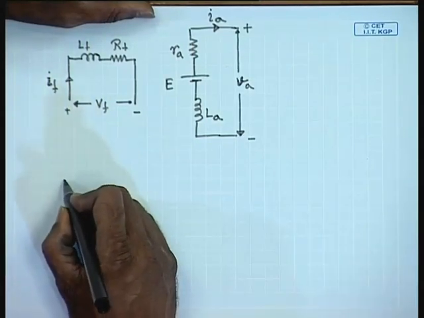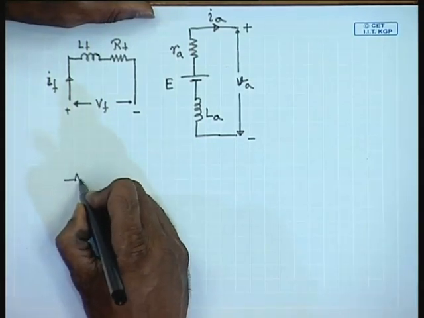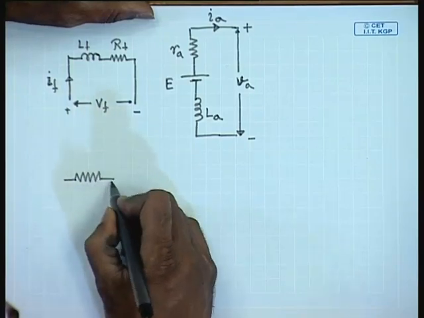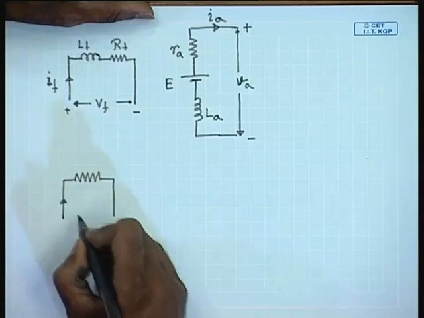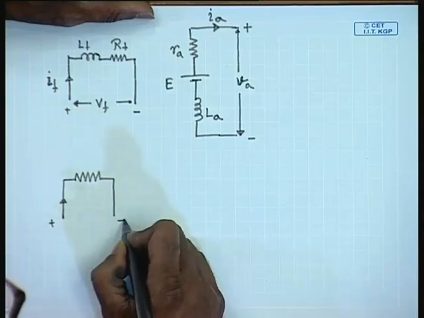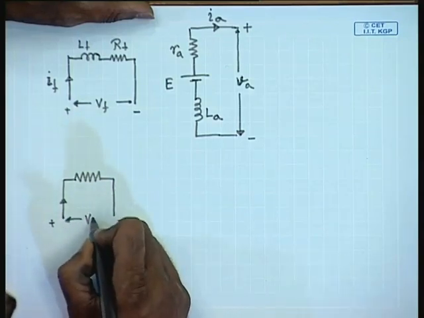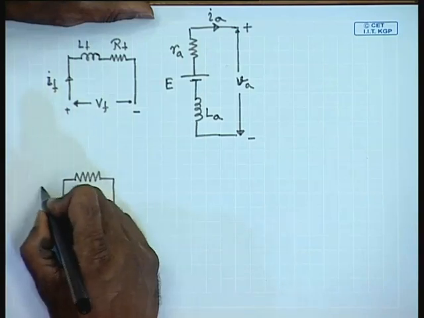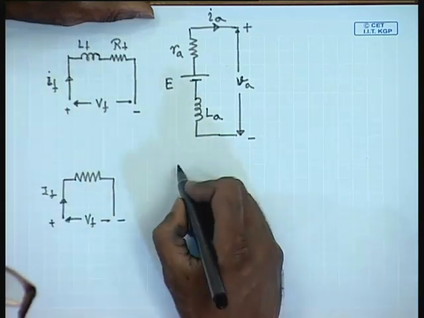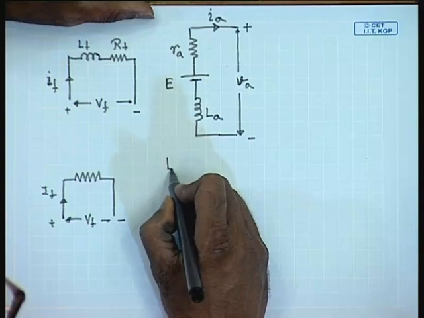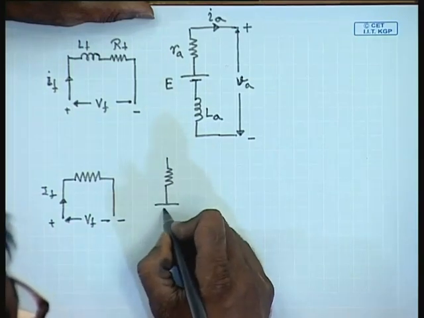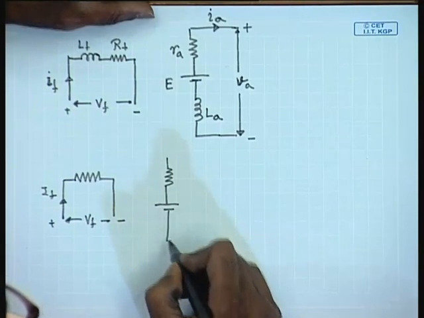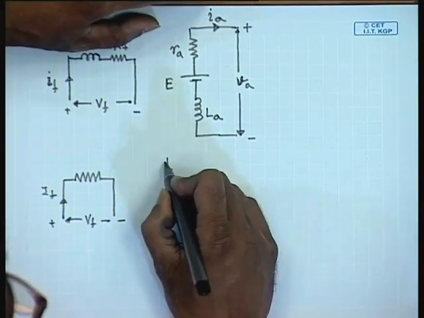Hence, the field circuit can be represented by simply the field resistance and the armature circuit by the armature resistance and the induced voltage E.